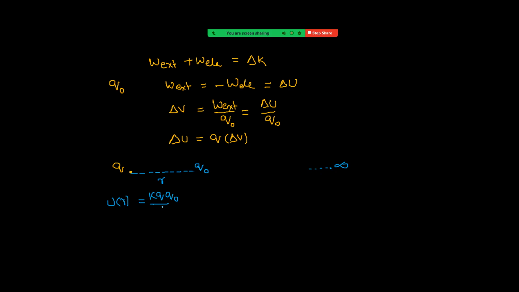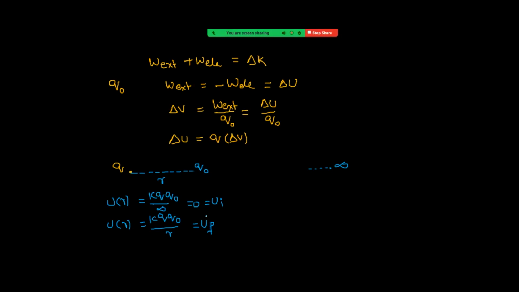That means initially potential energy is 0, or I can call it U initial. Finally, the distance is r. That means finally the potential energy is K Q Q naught by r. This is now the final potential energy.